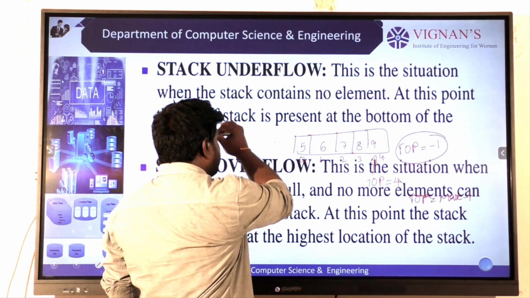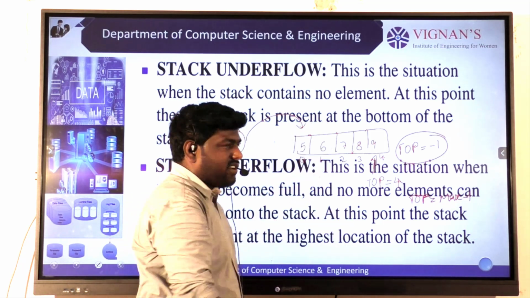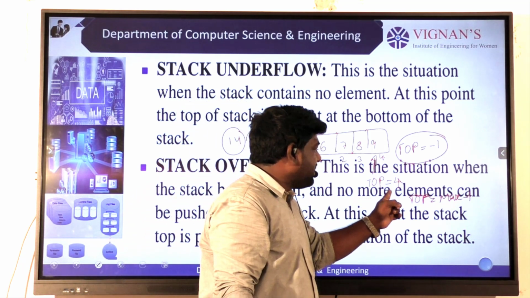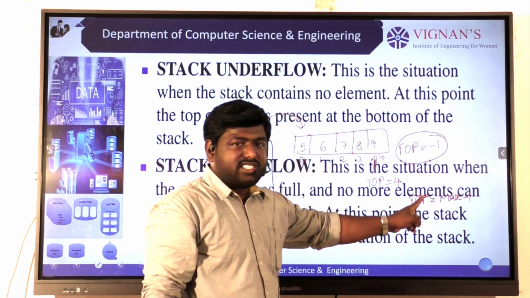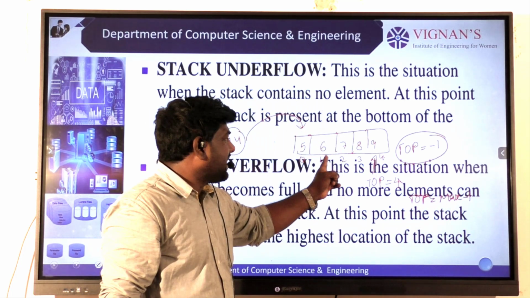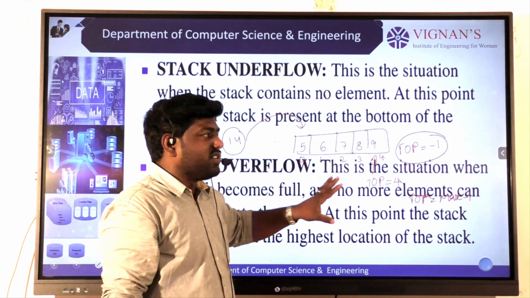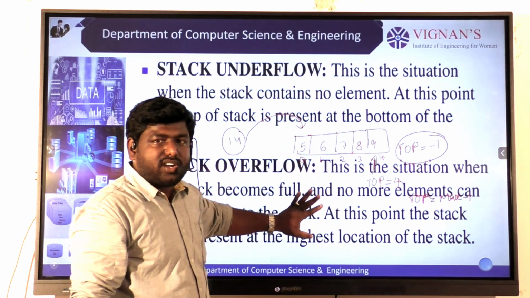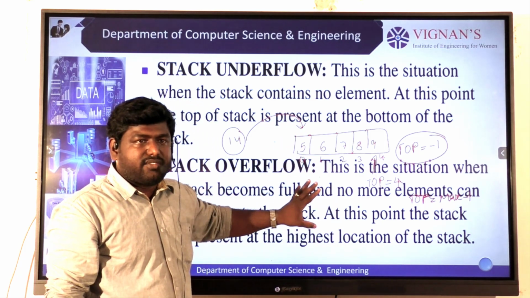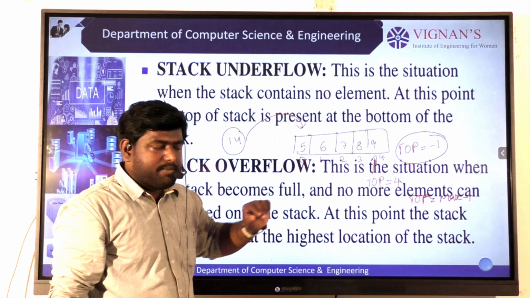If I want to insert more elements, like 14, into the stack, it is not possible because the top is 4 now, where 4 is max - 1. This indicates the stack is already filled. So this situation is called stack overflow. These are the two conditions we have to take care of while we are trying to implement a stack.